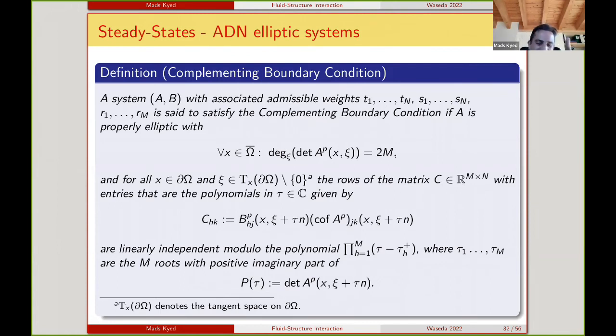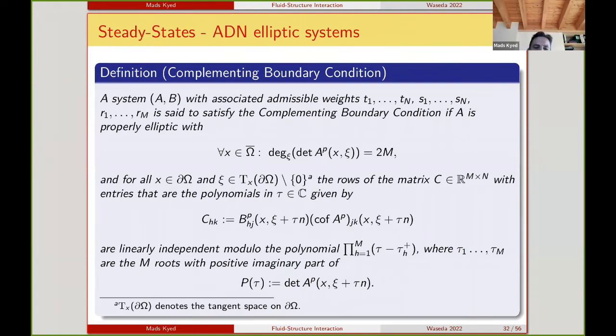This has to do with the way that you solve elliptic problems in the half space. If you're in the half space, then you can employ the Fourier transform in tangential directions. That's why we differentiate between tangential directions and the normal direction.